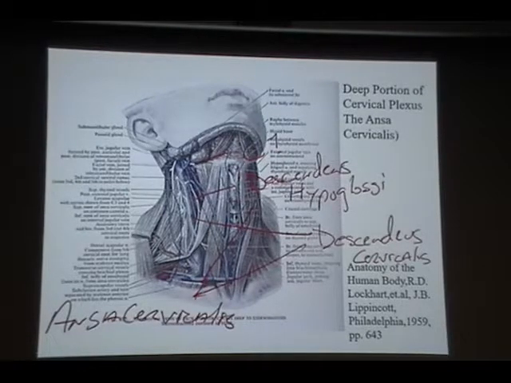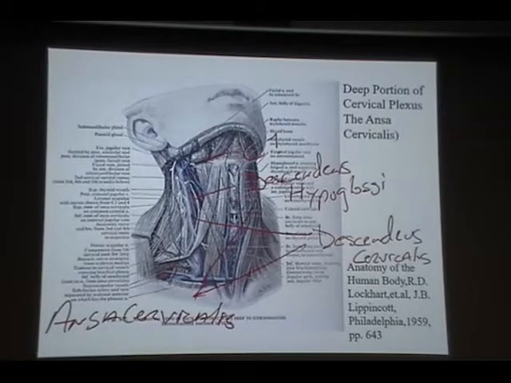Now the ansa cervicalis is deep, it's down there deep to the sternocleidomastoid muscle on the outside of the carotid fascial sheath. So this is the deep portion of the cervical plexus.